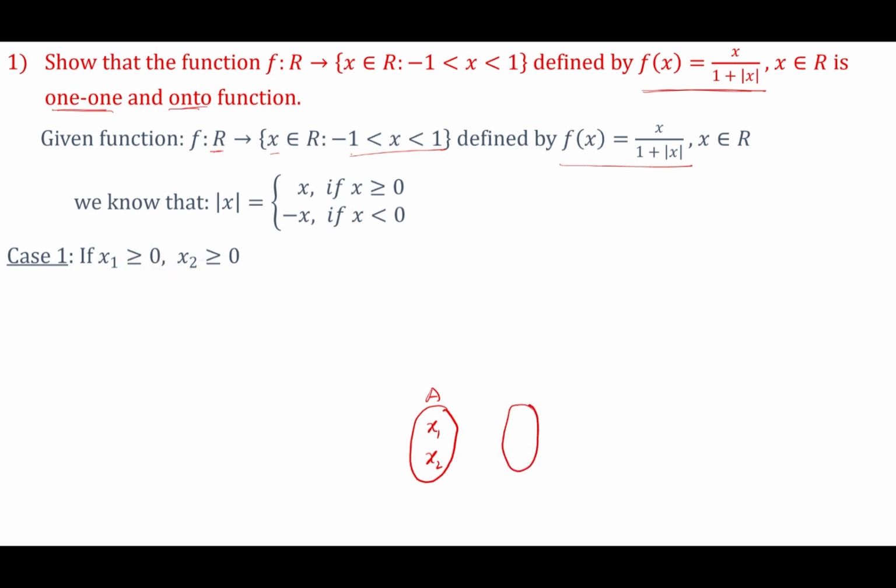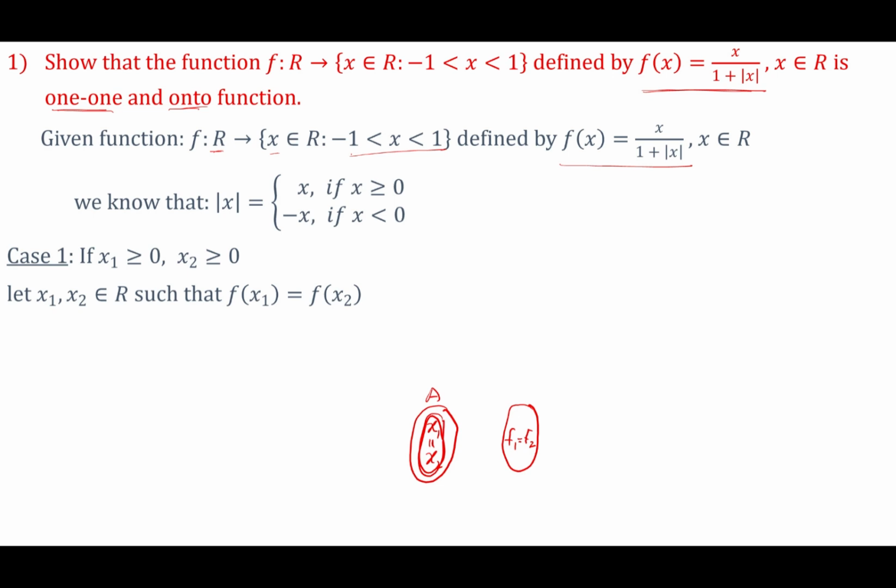Let x1 and x2 belong to R such that f of x1 is equal to f of x2. If I can make these two terms x1 and x2 equal, then it is a one-one function.